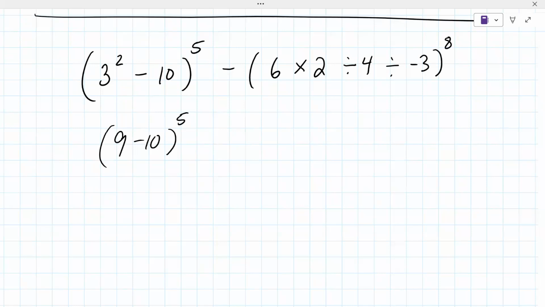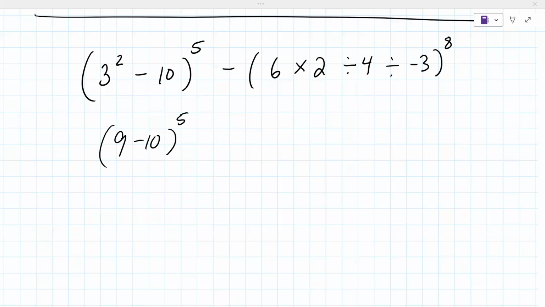9 minus 10 is not 1. Try again. I'm confused, because 9 minus 10 is 0, but if you do it the other way, it's 1.